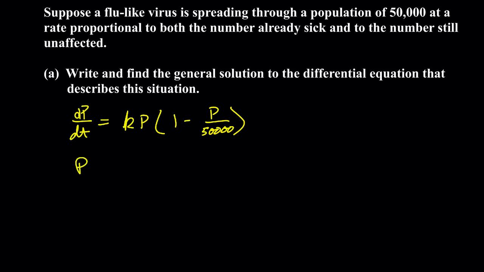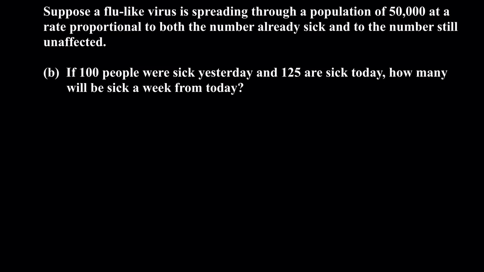The general solution would be equal to your 50,000 carrying capacity over 1 plus c e to the negative kt. All right, so part B is asking if 100 people were sick yesterday and 125 people are sick today, how many will be sick a week from today?